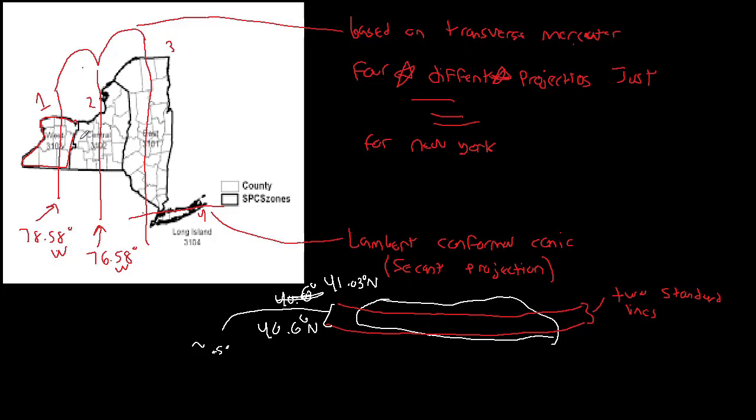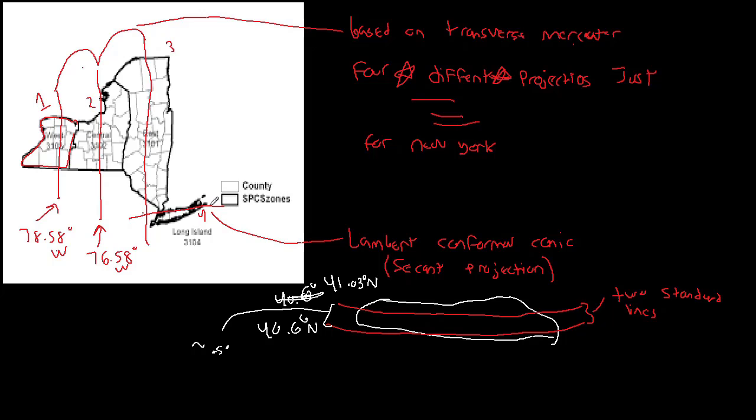If we get too far away, we just rotate the transverse Mercator projection again, aspect is a property, plop a new standard line in a new projection. So if we're standing here, we wouldn't use the west projection, we would use the central projection. We start traveling, we get here, well, we're too far away from the central, so we rotate the transverse Mercator again, create a new projection, and plop a new standard line, have a new projection, so that we're, again, not terribly far away from that standard line.